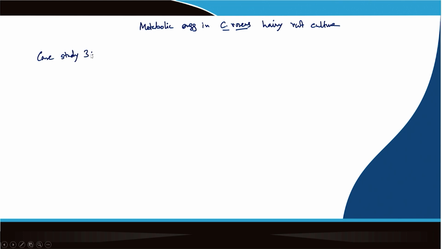So, this is expression of deacetylvindoline 4-O-acetyltransferase, that means expression of DAT gene in C. roseus hairy root culture.